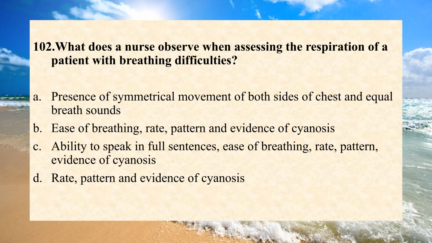Option D. Rate, pattern and evidence of cyanosis. Answer is C. So when we are assessing the respiration of a patient with breathing difficulty, you have to see the ability to speak in a full sentence and ease of breathing or regular breathing of the patient, the rate and pattern of breathing, and the evidence of cyanosis, whether the patient is having any cyanosis or not.